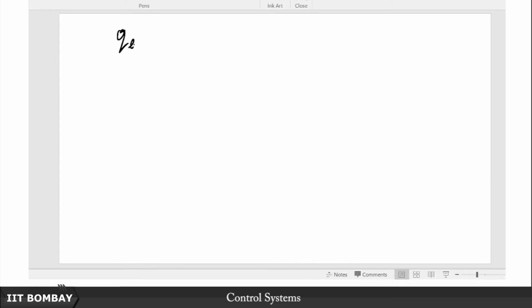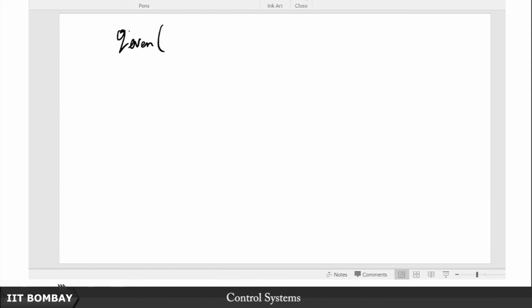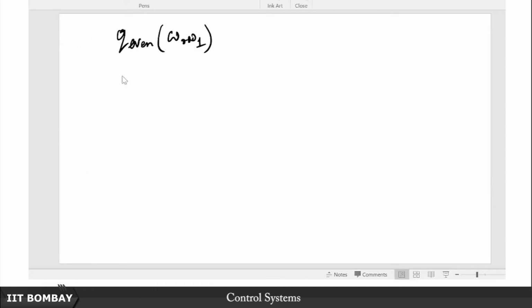So Q even at, say, ω odd 1 is equal to what? Q even at ω odd 1, so this part goes to 0, so this is equal to P even at ω odd 1.